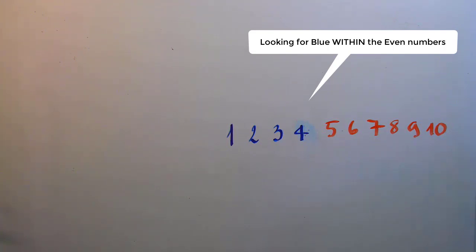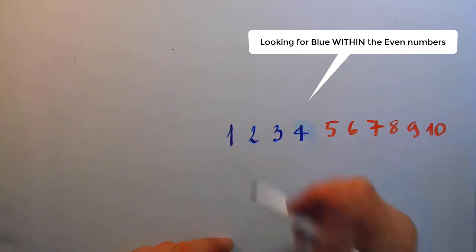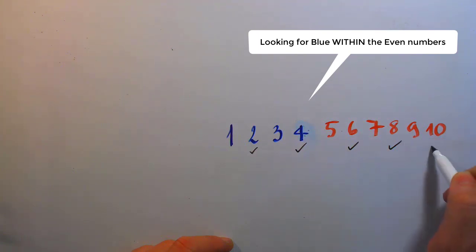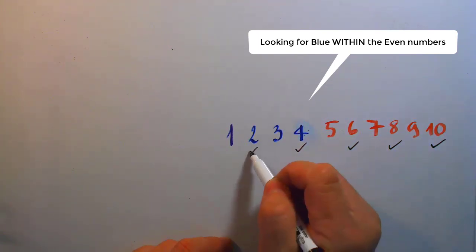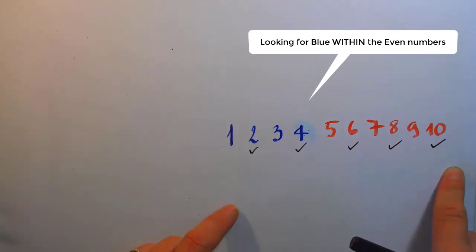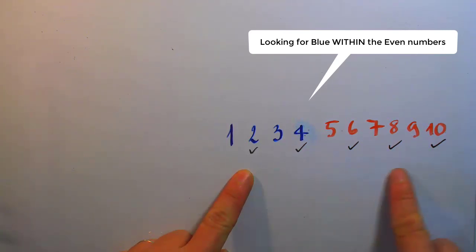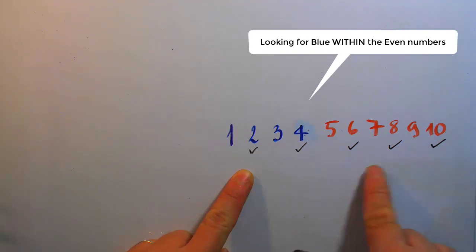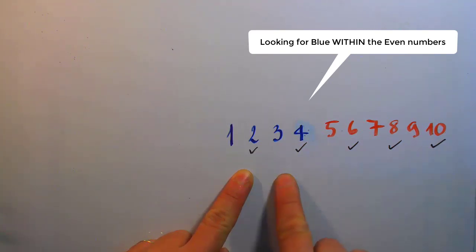These are the even numbers, regardless of what color they are. Once you've successfully restricted your attention to these even ones, as indicated in the problem, we then look among them.